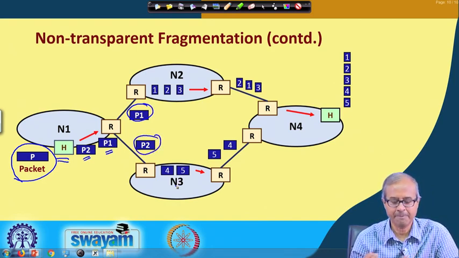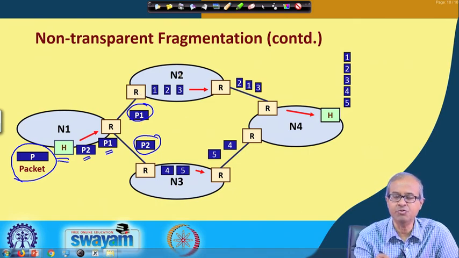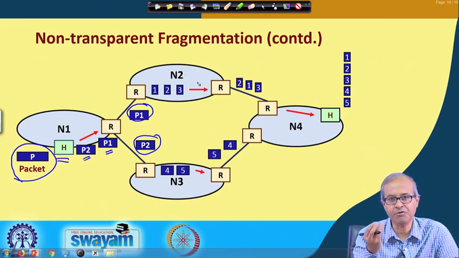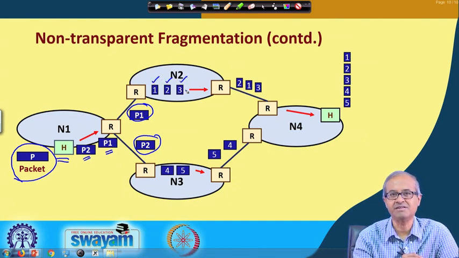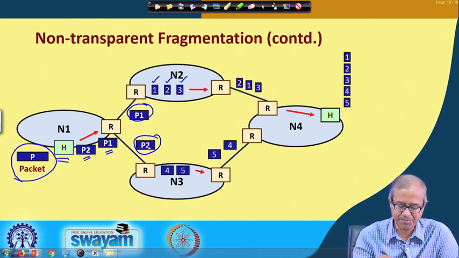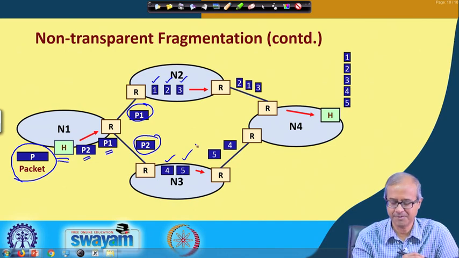It may so happen. Now, when P1 reaches N2, maybe the MTU of N2 is even smaller. So, this P1 is broken up into 3 smaller fragments, let us say 1, 2, 3. And on the other hand, P2 is broken up, let us say, into 2 fragments 4 and 5. Okay.